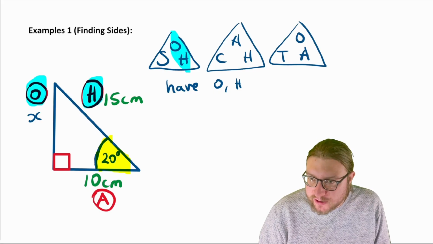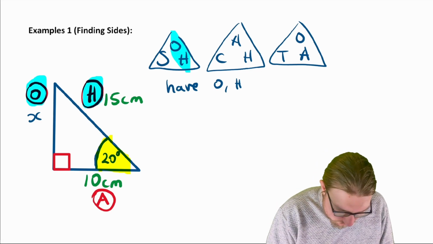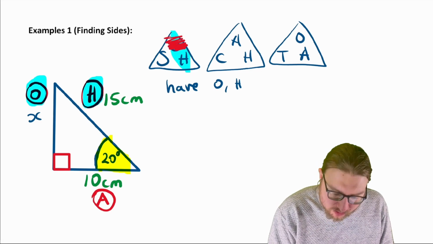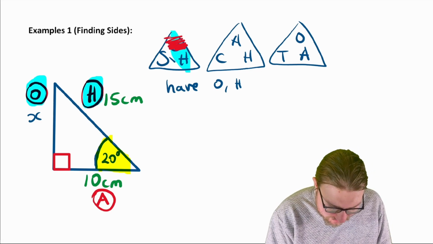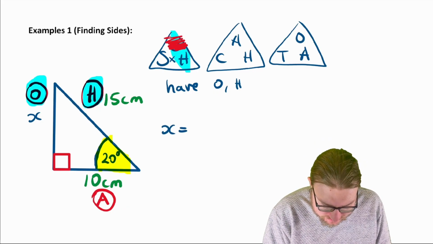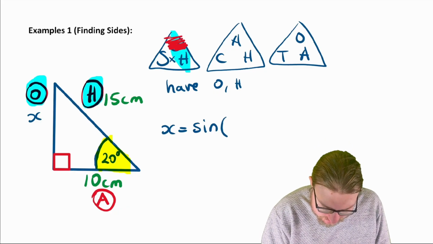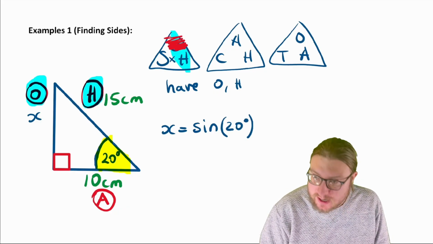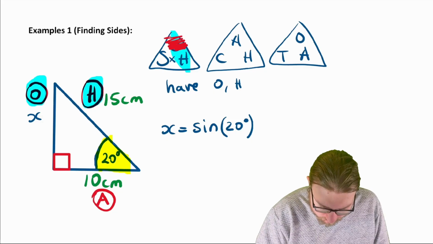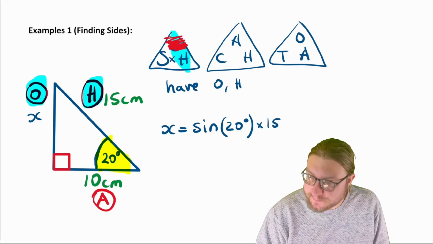Well, how did it work again? The side that we wanted to find out is O. So we're going to cover O, and what is left, we have S times H. So we can in one step write X is equal to sine of the angle that we have, so 20 degrees, multiplied by H, so that is the hypotenuse, 15.